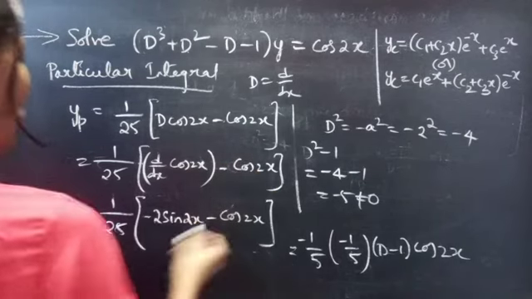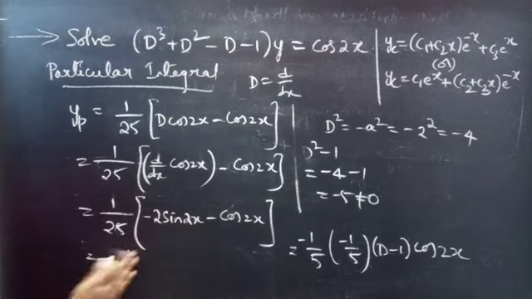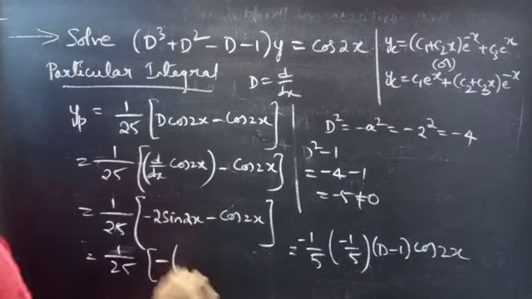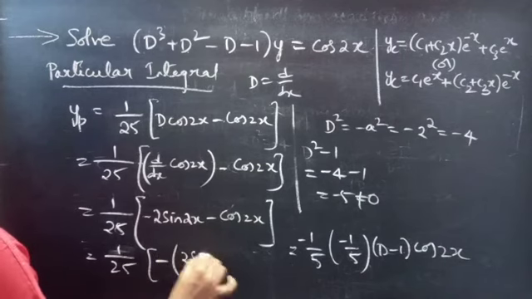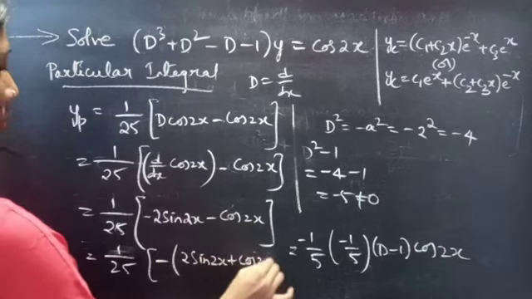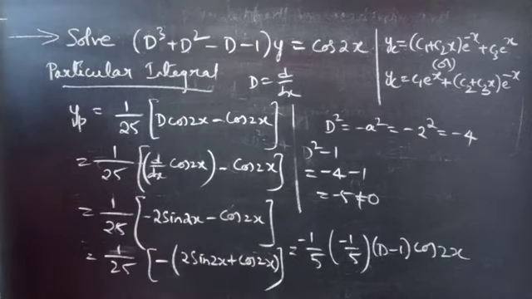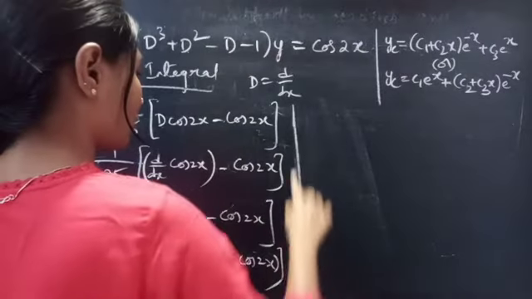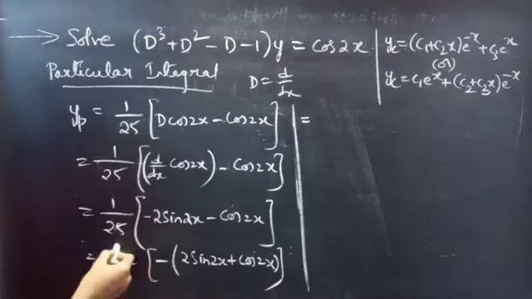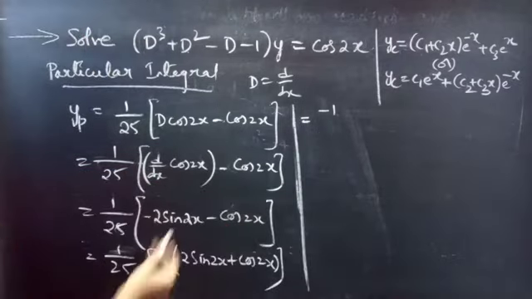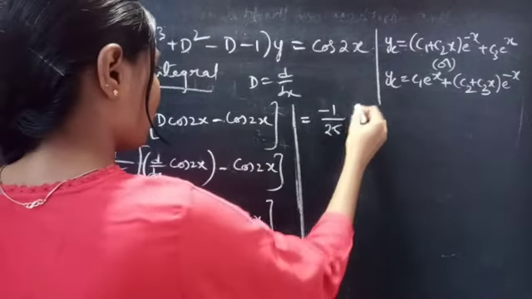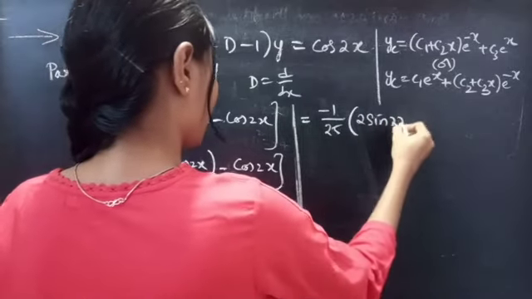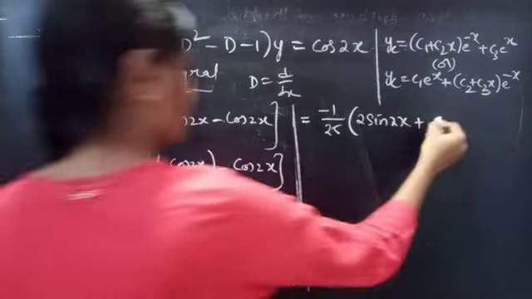Now we can take minus common inside the brackets, we'll get minus of (2 sin 2x plus cos 2x), which equals minus 1 by 25 into (2 sin 2x plus cos 2x).